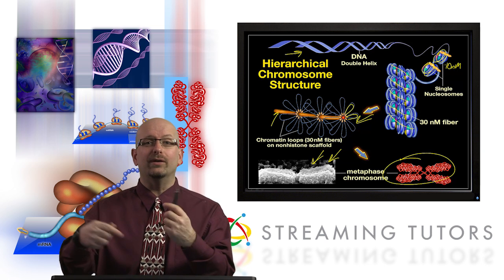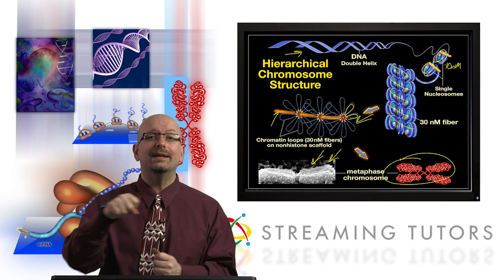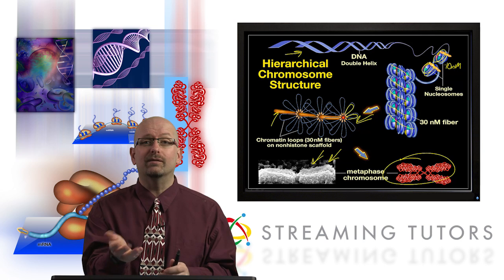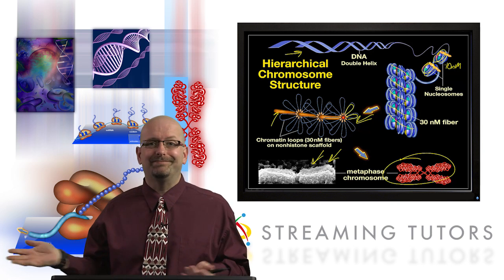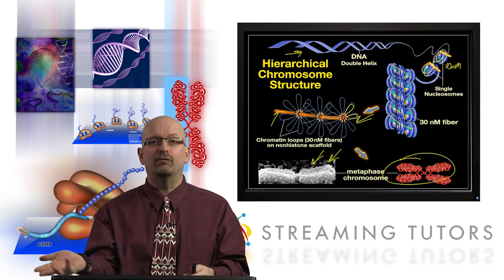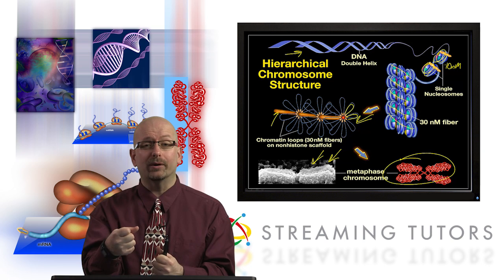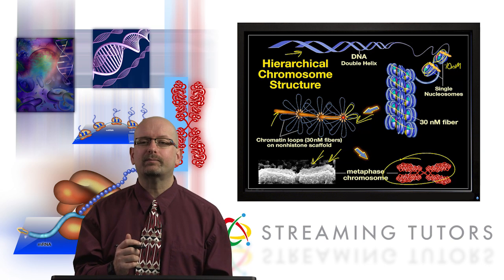You think of all the DNA wrapped around these scaffolds in a way, because it's really easier to carry this way. When cells have to divide, you want to grab one whole chromosome and take it. You don't want pieces of DNA falling out and sitting around. You want an easy to transport type of structure, and that's exactly what this is.